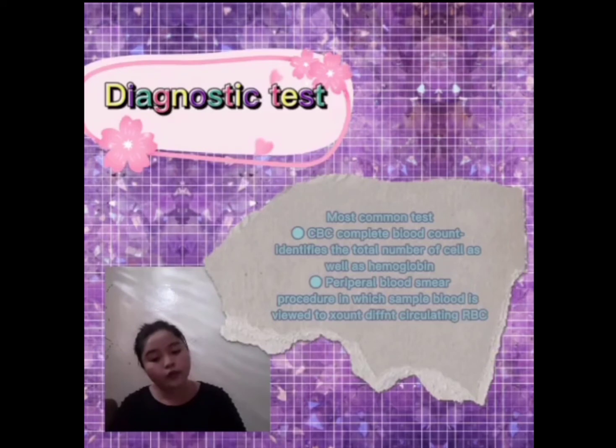The most common test used is the CBC, the complete blood count, which identifies the total number of cells as well as the hemoglobin. The next one is the peripheral blood smear. It is a procedure in which a blood sample is viewed to count the different circulating RBCs.